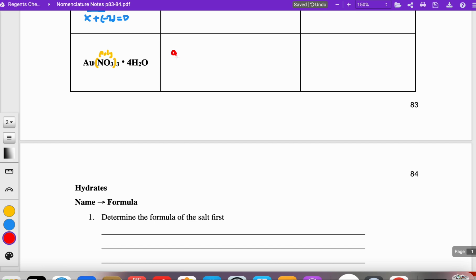So we have some sort of gold nitrate. But when you look on the periodic table, gold is a transition element, and gold can use a +1 or a +3.